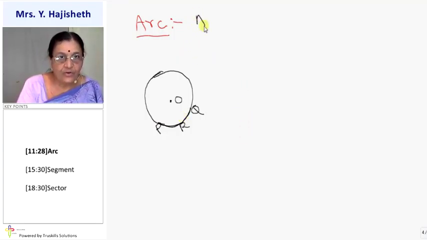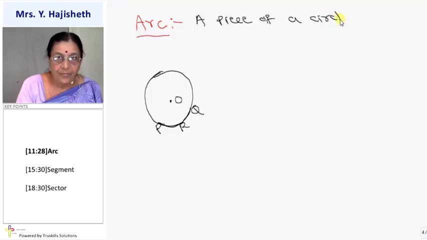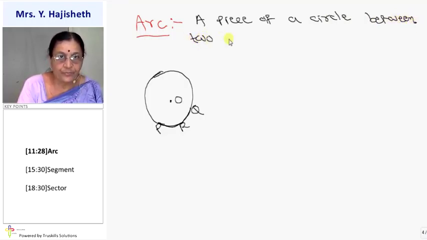It is a piece of a circle. PRQ is a piece of a circle between two points P and Q.